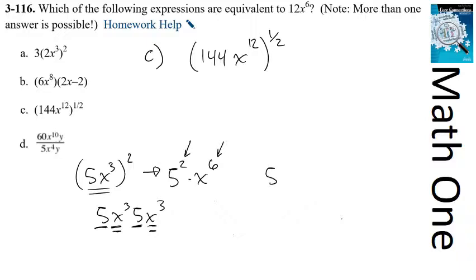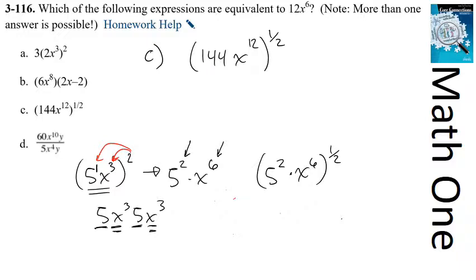Now, what if I was to take 5 to the second times x to the 6th and raise that to the 1/2 power? Well, before, you'll notice the shortcut was I was multiplying 2 times 1 to get 5 to the second, and 2 times 3 to get x to the third.